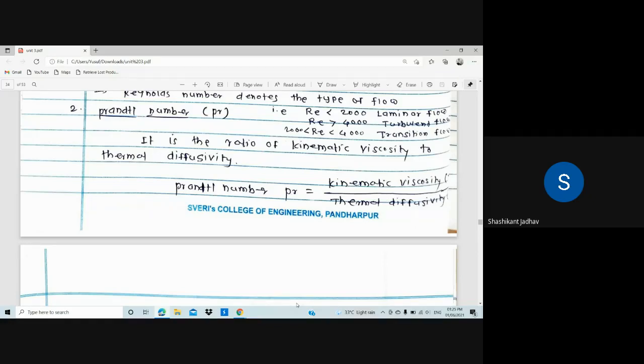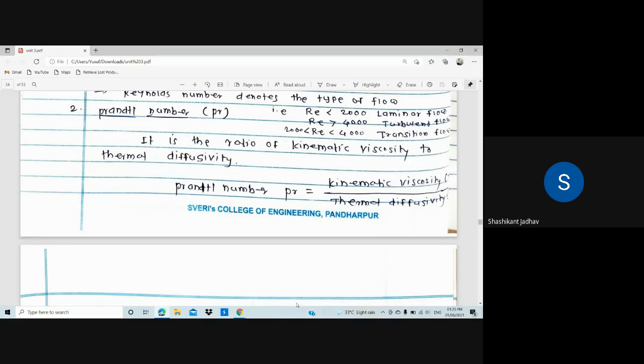It is the ratio of kinematic viscosity to the thermal diffusivity. So write down in the form of equation: Prandtl number is equal to kinematic viscosity divided by thermal diffusivity.